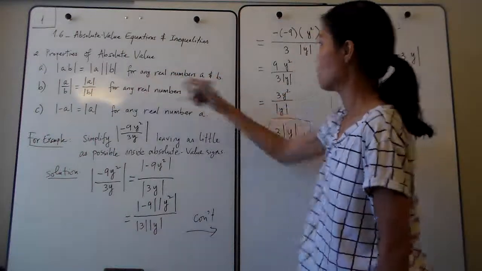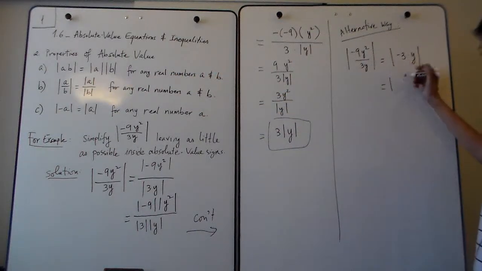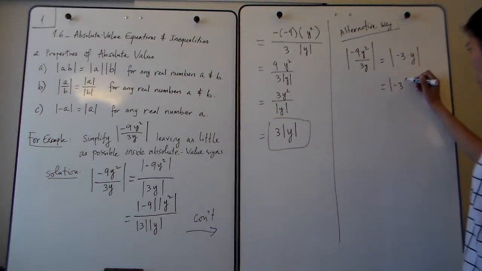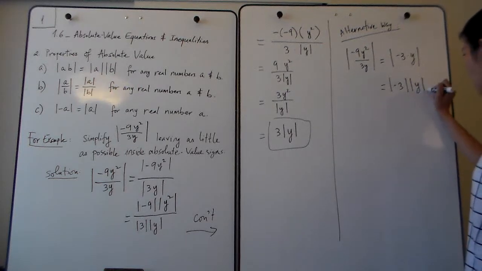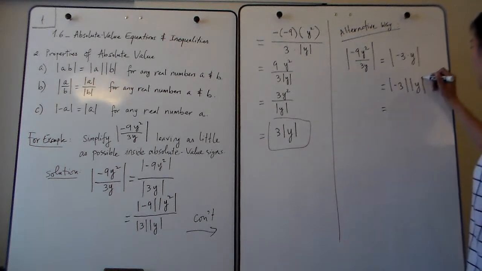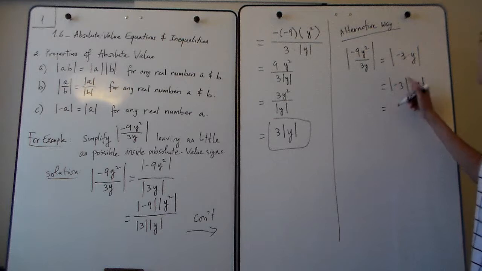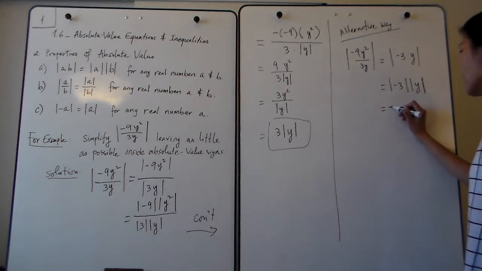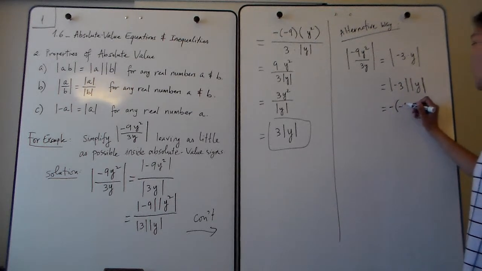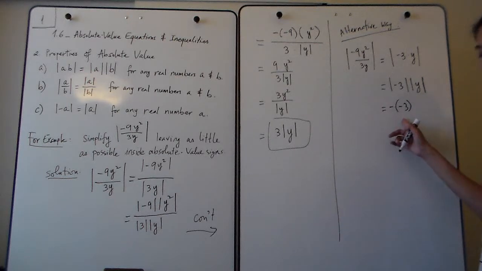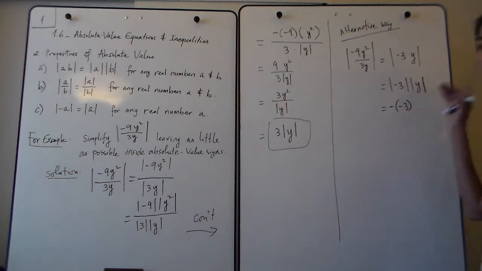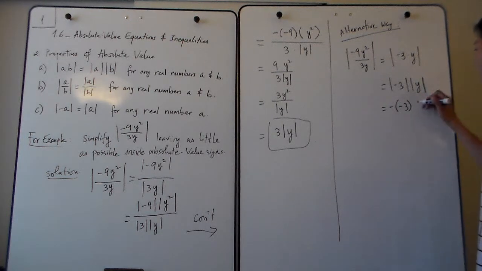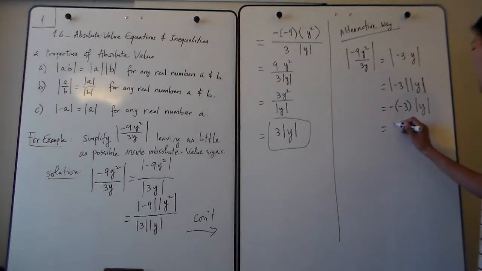Using this property, I will split the constant coefficient and the variable. Simplify further. The absolute value of -3 is the negative of the number, using the definition of the absolute value. The absolute value of y is the absolute value of y. Simplify further, you get 3 times the absolute value of y.